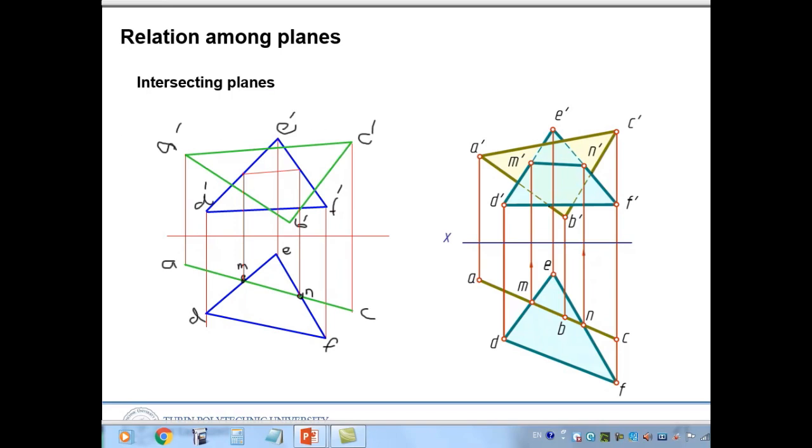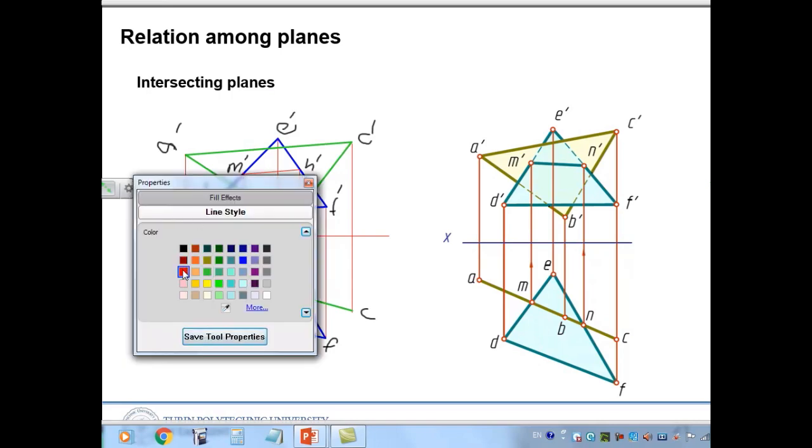Okay, so let's write it down. So M dash and N dash. Then E point. Okay, so intersection line is the red one.